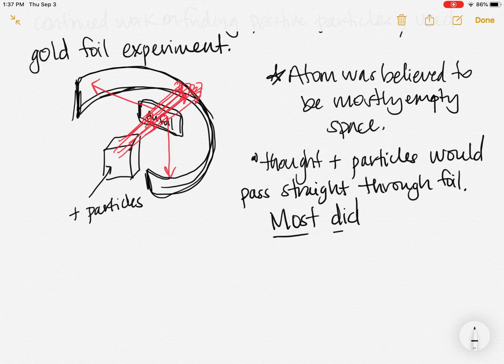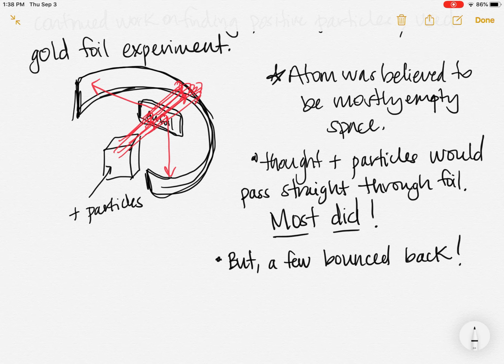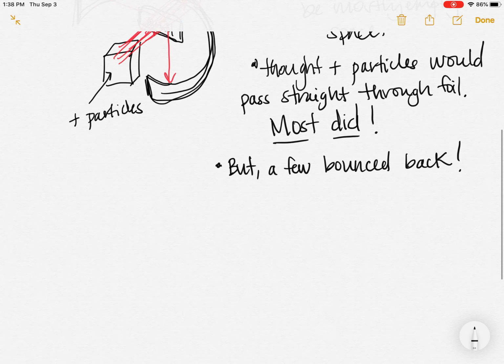And, in fact, most did. But what he wasn't exactly prepared for was that a few bounced back. And what he was able to conclude was that they had to have hit something.